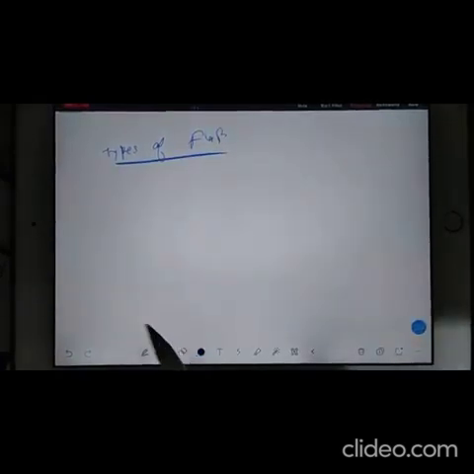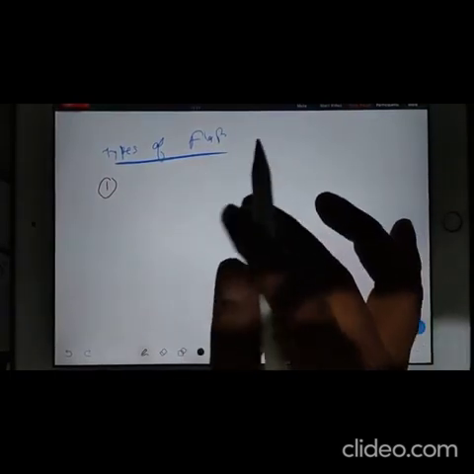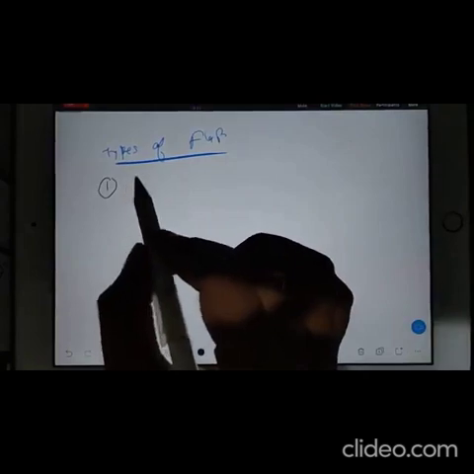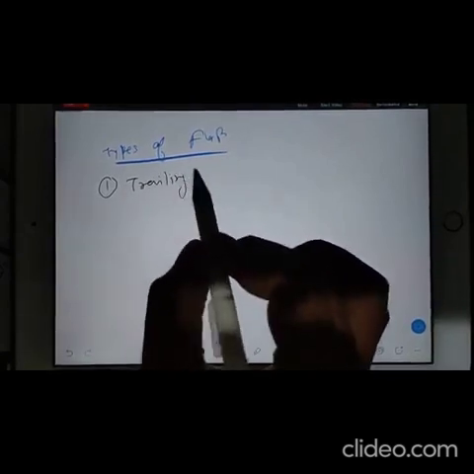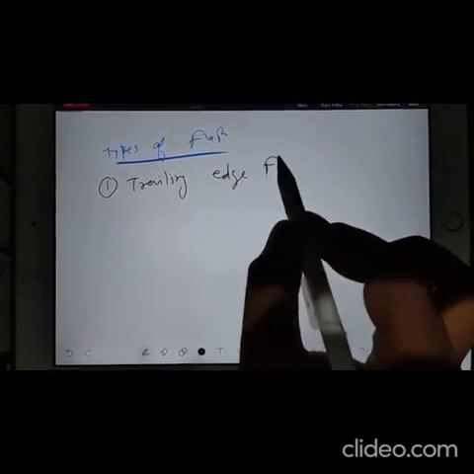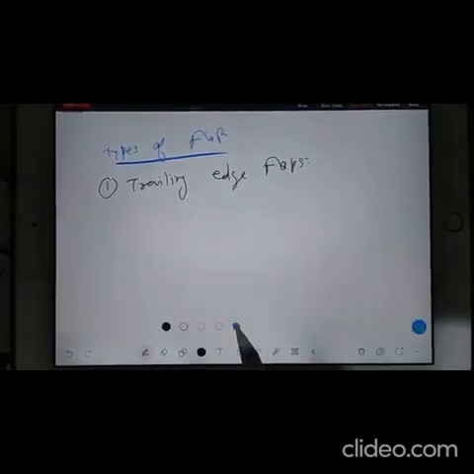In that, you take first type of flap, what is attached on trailing edge. So for that you write trailing edge flaps. And there are several types of trailing edge flaps.